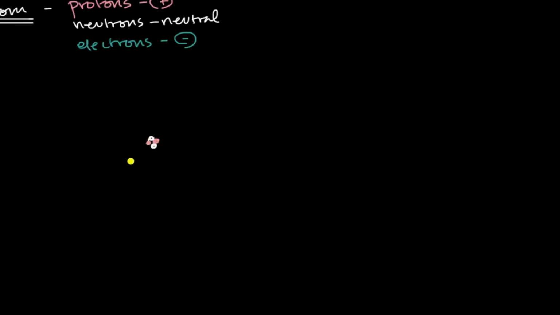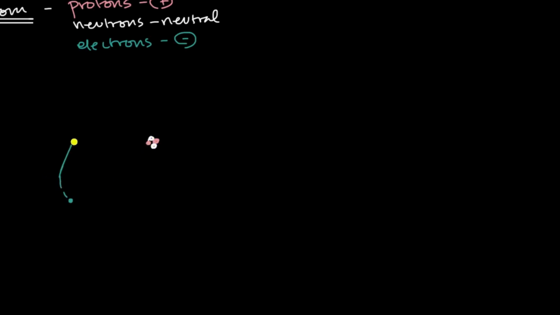And early physicists and chemists said, all right, well, look, the protons have a positive charge, electrons have a negative charge, so they'll be attracted to each other. Opposite charges attract. The same charge repels each other. So maybe the electron, which has a negative charge, orbits around the nucleus the way that a planet would orbit around its star.